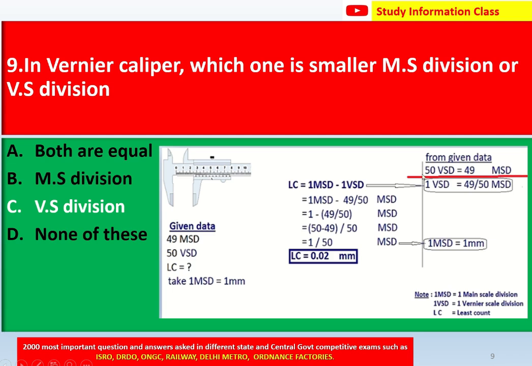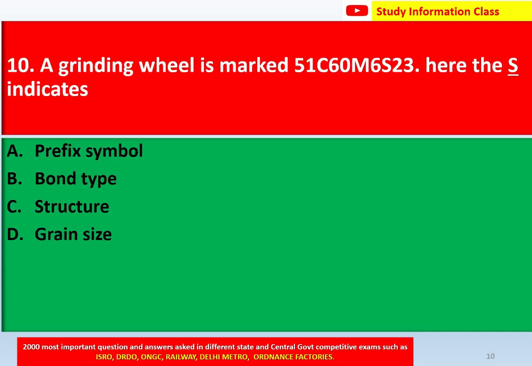Observe these two values, 50 VST and 49 MST. If the number of divisions increases, then it will be smaller, and if the number of divisions decreases in MST, then it will be bigger. Therefore, in vernier caliper, the smaller one is VS division. The correct answer is option C, that is VS division.